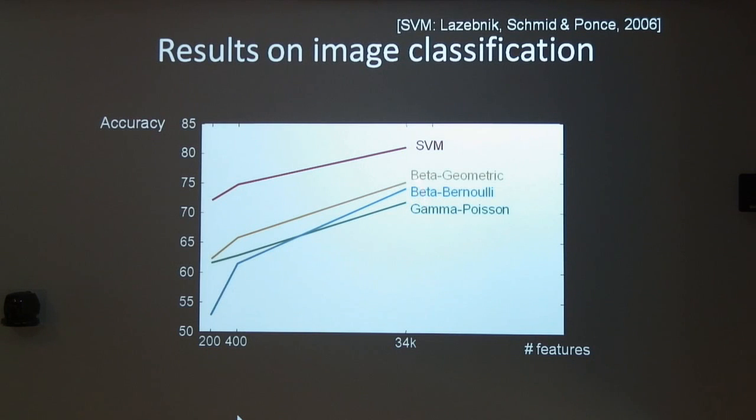Here we're talking about 3 minutes, whereas this is a one-versus-all support vector machine. On the 15 scenes categories, you have to run the support vector machine 15 times on all the data. And for things like the Caltech 101 data set, you have to do it 101 times.